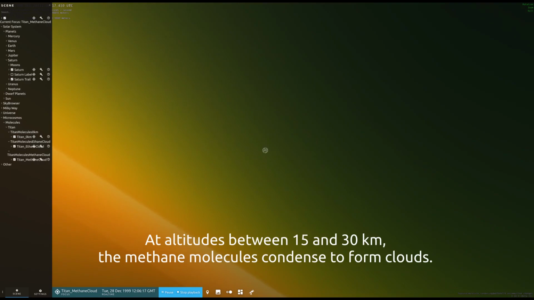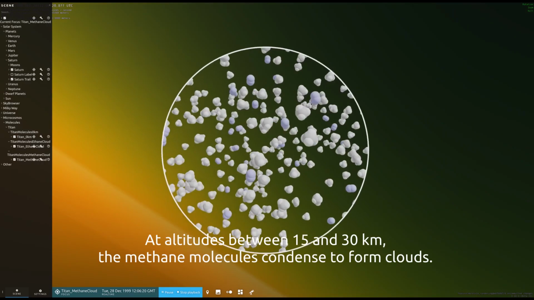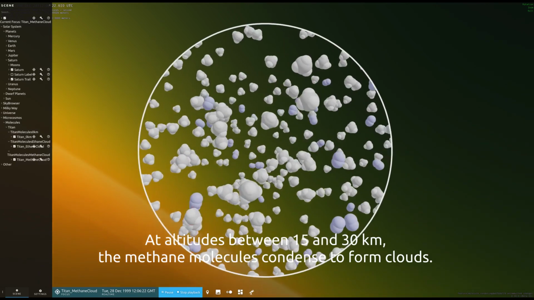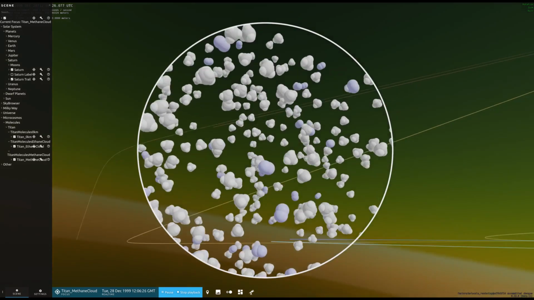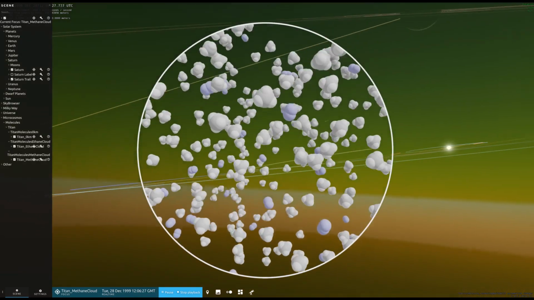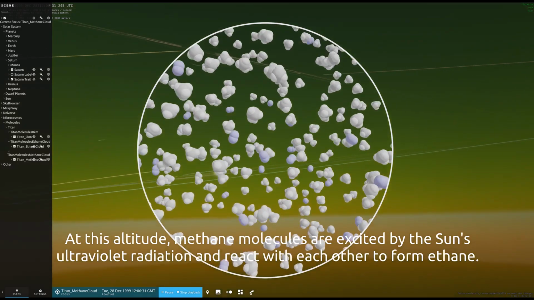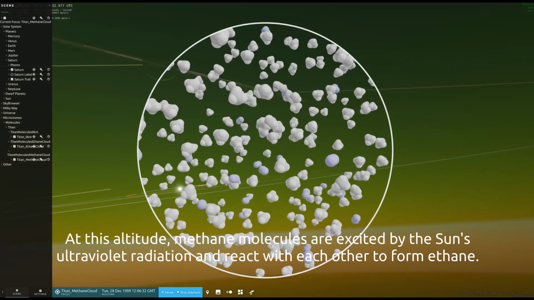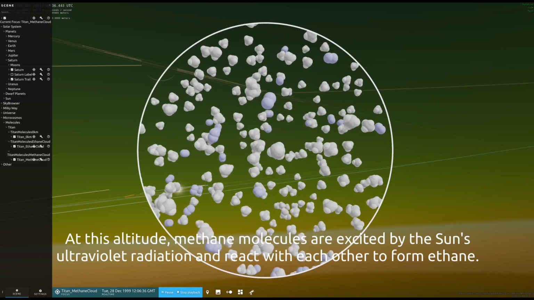At altitudes between 15 and 30 km, the methane molecule condenses to form clouds. At this altitude, methane molecules are excited by the sun's ultraviolet radiation and react with each other to form ethane.